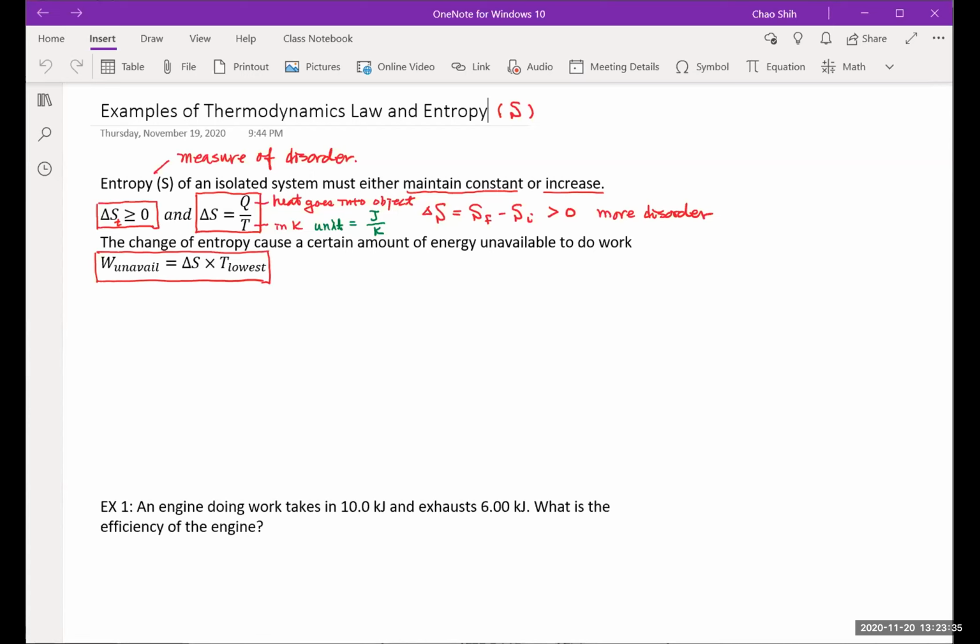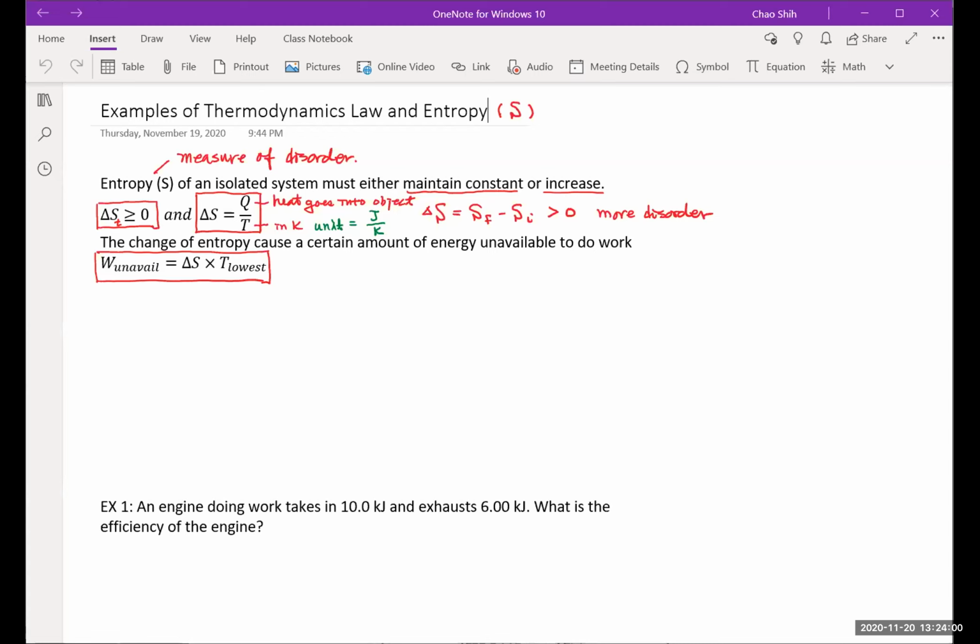Actually, it's the energy that couldn't become work, W unavailable. That is equal to the change of entropy of the substance multiplied by the lowest temperature of the system. Okay, it's the lowest temperature.